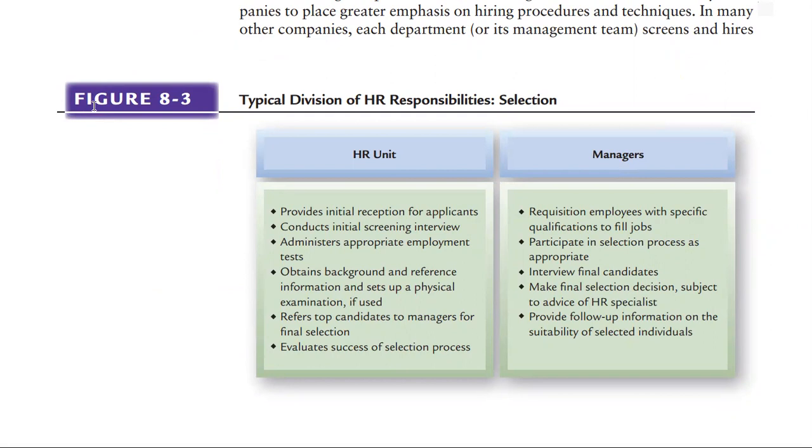The HR unit's responsibility is to provide the applicants pool, then conduct the initial screening, could be based on the basic profile of the applicants, and to obtain background information about the applicants, how they did in the previous organizations, these types of things. For the managers, the responsibility is to match their credentials with the requirements of the job and to take the final selection decision.